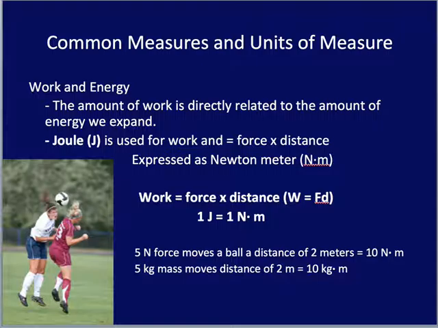So, for example, if a 5 Newton force moves a ball a distance of 2 meters, the work that it took was 10 Newton meters. If a 5 kilogram mass moves a distance of 2 meters, it's 10 kilogram meters. And 1 joule is going to be equal to 1 Newton meter.